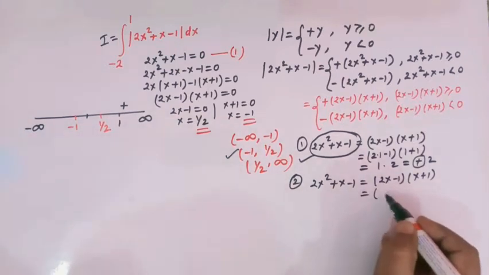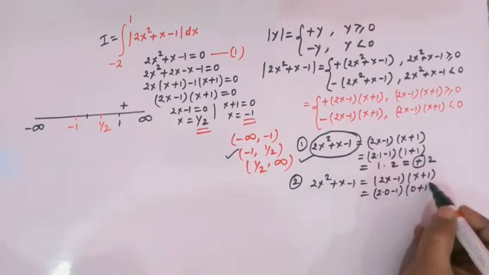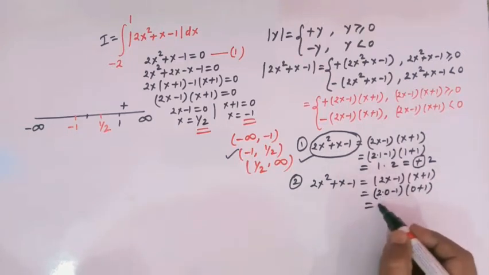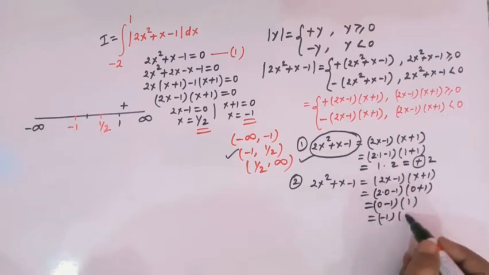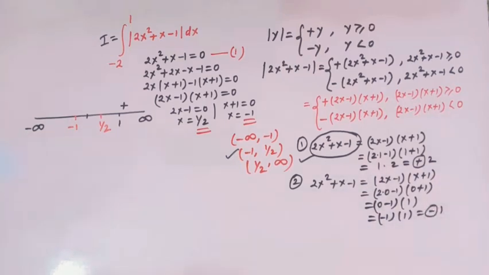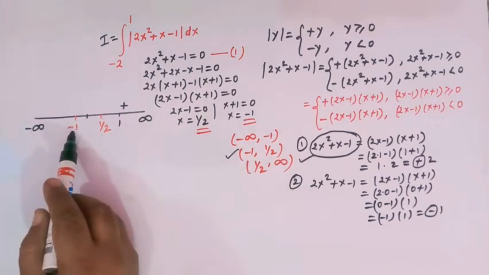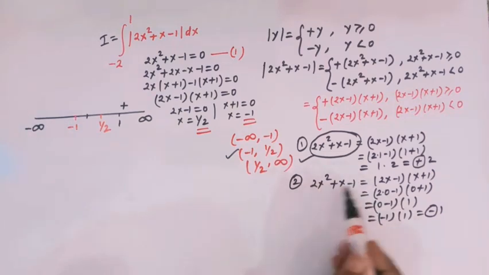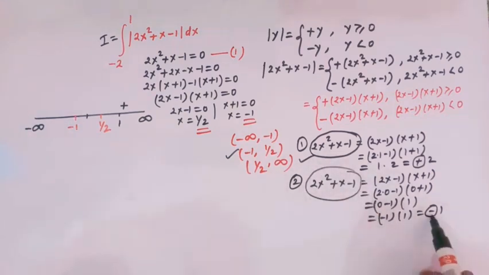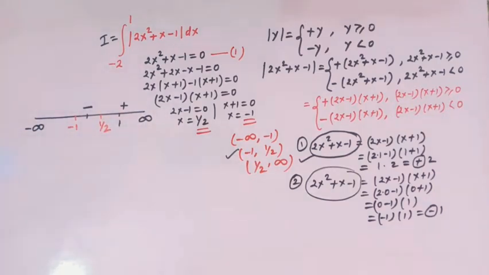If we take 0, then we have 2 times 0 minus 1, and 0 plus 1, so this is −1 times 1, that is −1. So we have a negative sign. It means whenever x lies between −1 and 1/2, the sign of this expression is negative, so here we can write the negative sign.